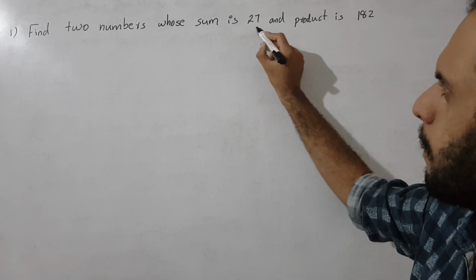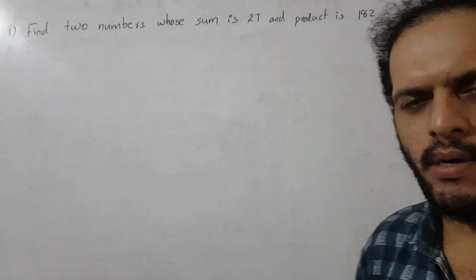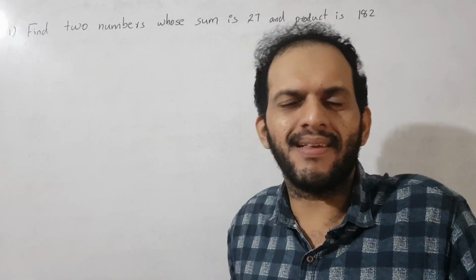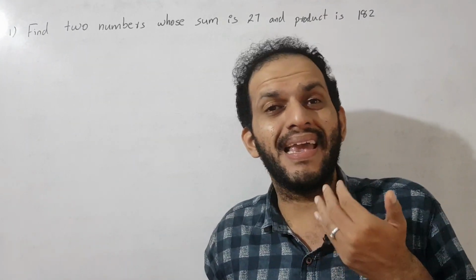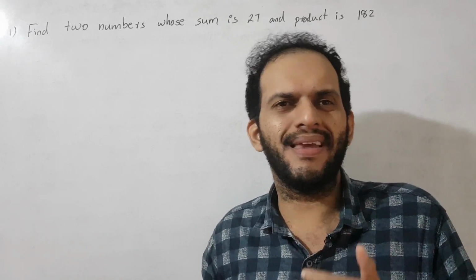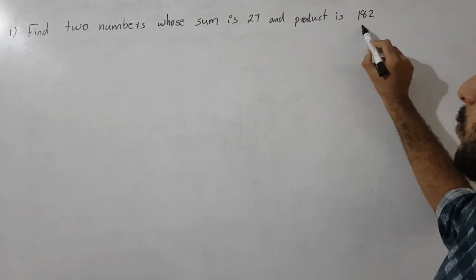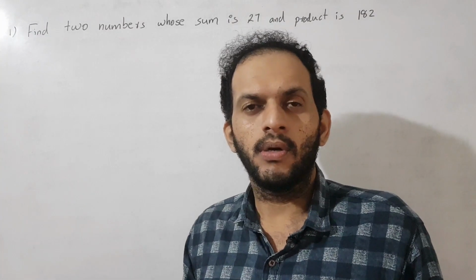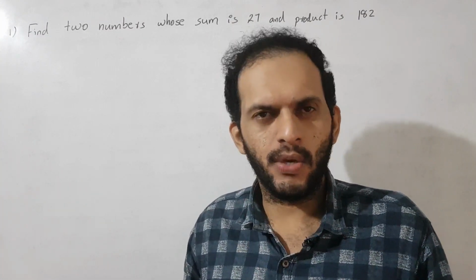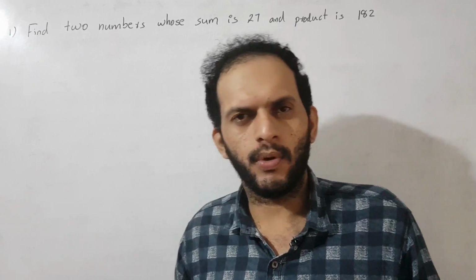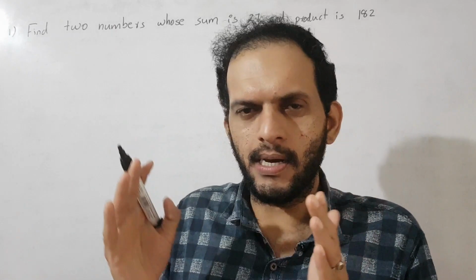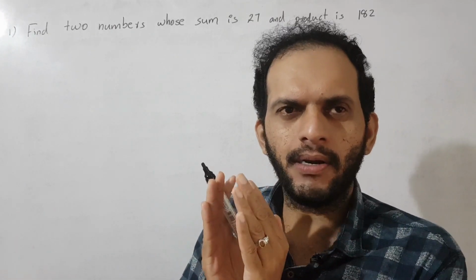The sum is given. Why is the sum given? The sum is given to make the numbers, to create the numbers, and the product is given for creating an equation, to make an equation. Okay, then don't forget the idea, the sum and the difference.